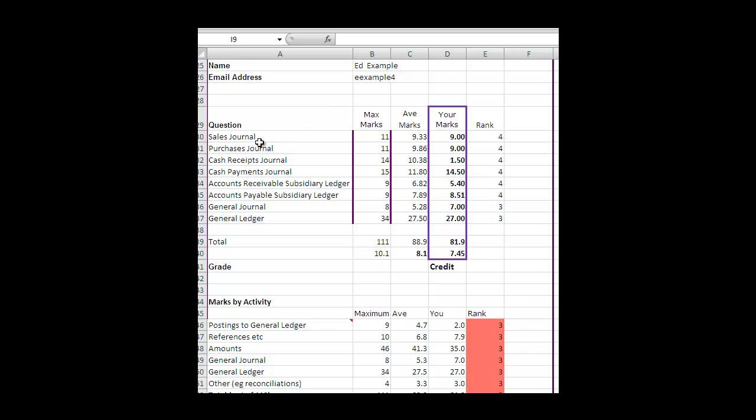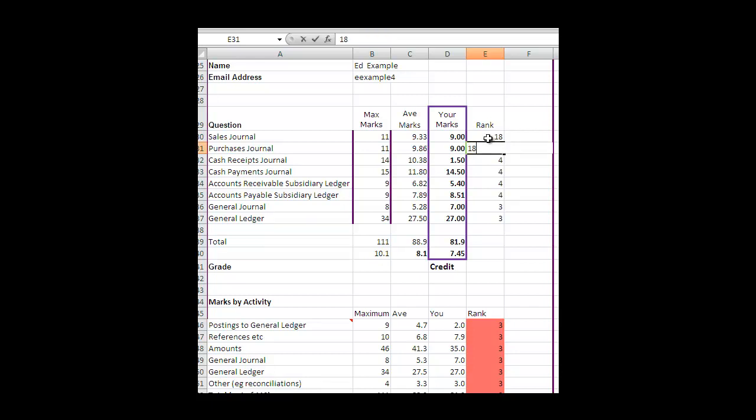So let's look here. For the sales journal, firstly look at the 4 special journals. It had 11 marks available. The average mark was 9.3, your mark was 9, and your rank was, well, for that, if you'd got 9 out of 11, people did really well in that. The rank probably would have been more like 18, 19, 20, something like that.